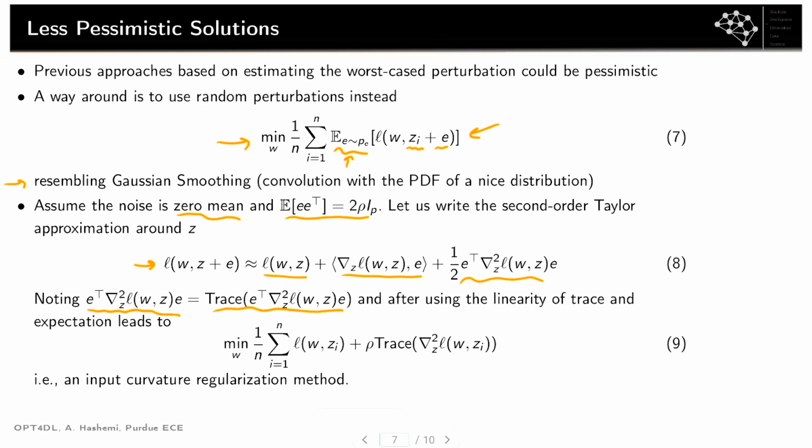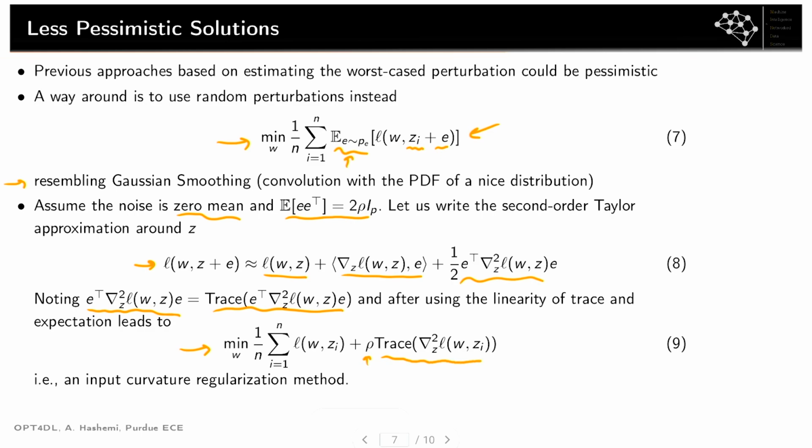Then we can use the property of the trace to rearrange, and use the fact that trace is a linear operator and the expectation is a linear operator, such that we arrive at this nice formulation, which again is an example of regularized empirical risk minimization, where we are minimizing the average loss, our canonical loss, plus a regularization term with regularization parameter rho times the trace of the Hessian.